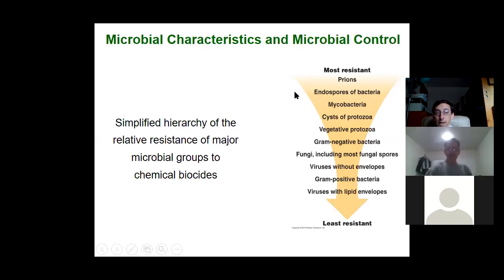And the peroxides, and hydrogen peroxide was one that I talked about specifically, will kill endospores. Okay? And then prions are the thing most resistant. To kill prions, you need to heat them to 1,000 degrees Fahrenheit. And that would incinerate any protein. Okay? So this is the hierarchy.